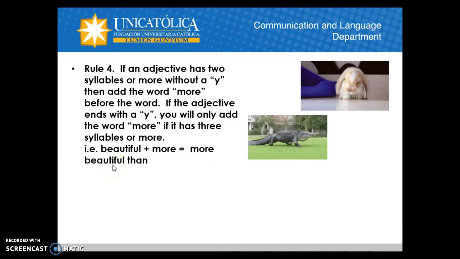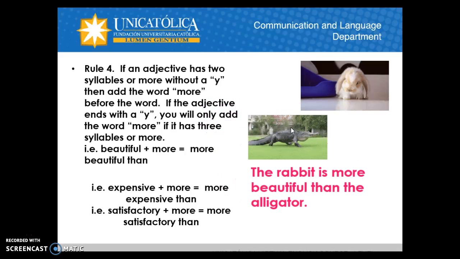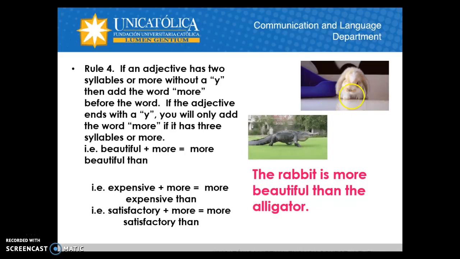More beautiful than. Always, because you are comparing animals, or people, or things. So look, the adjectives expensive, satisfactory. So more expensive than, more satisfactory than. According to the pictures, we can say that the rabbit is more beautiful than the alligator.